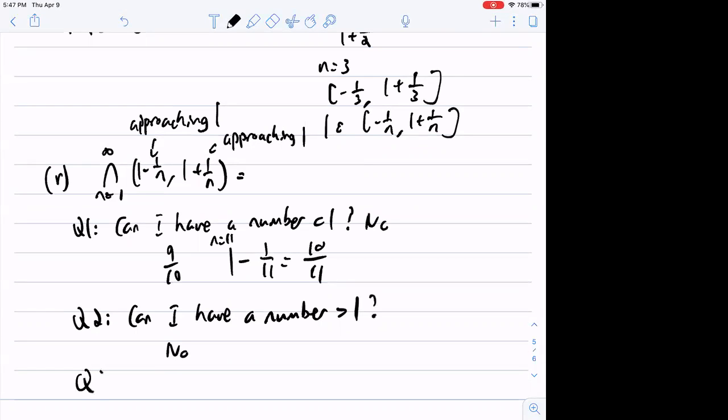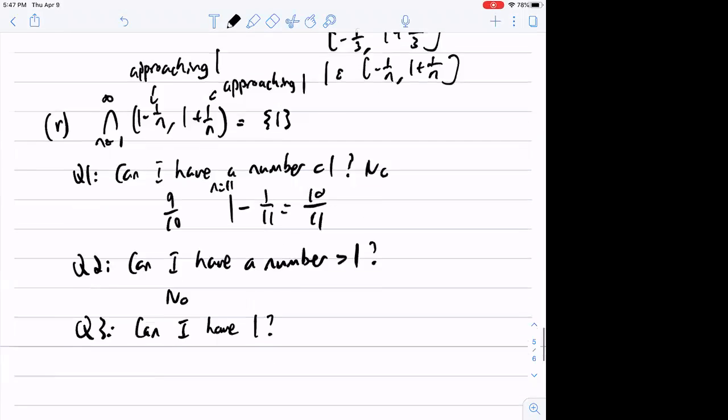So hopefully you all know what the last question is. Can I have 1? Yes, I can certainly have 1 because 1 is in every single one of these intervals. So this thing is actually just the set {1}.